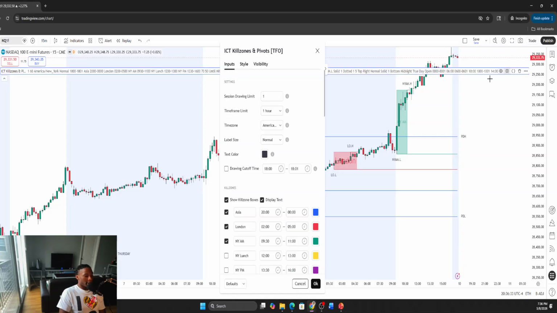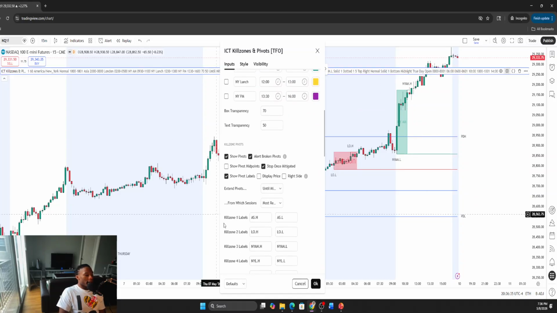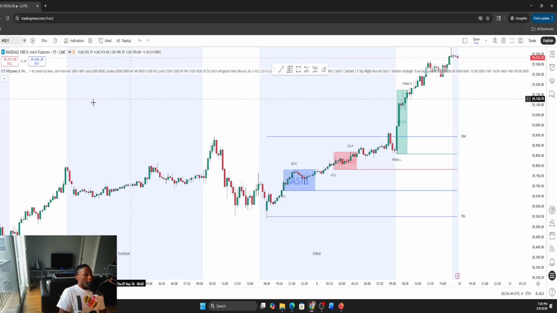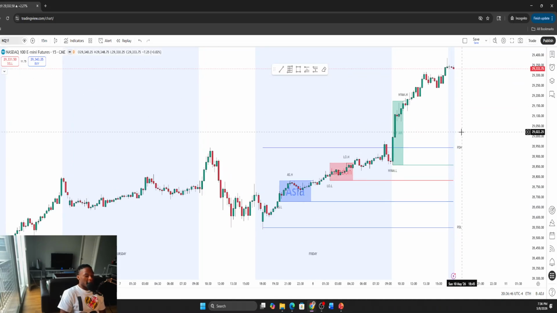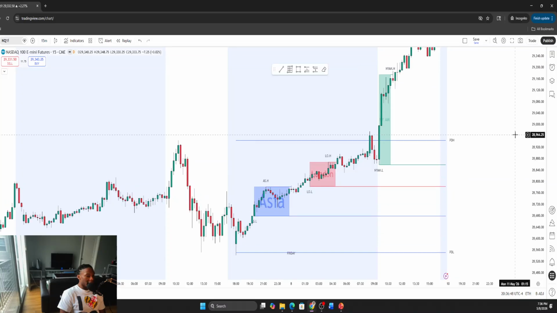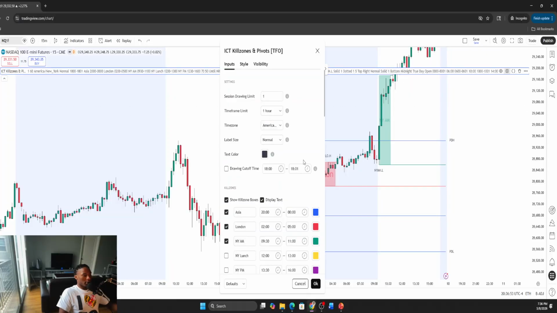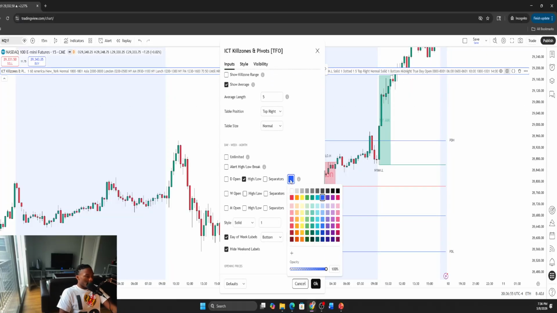Just make sure you're matching them up, right? So you have that. And then one thing you're also going to turn on is right here. It's going to be unchecked by default. You're going to check that. Then once you do that, you can save this as a default. And then this is the first indicator that we're going to have on our chart. What this indicator does is simply, also let me change the color of this because blue is also blue. So let's make this something else.